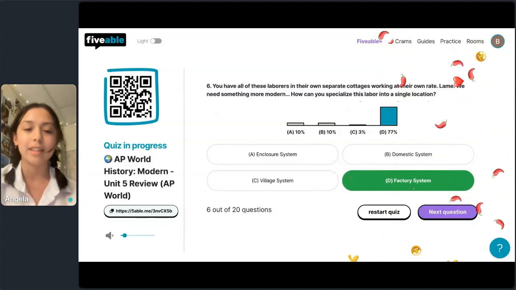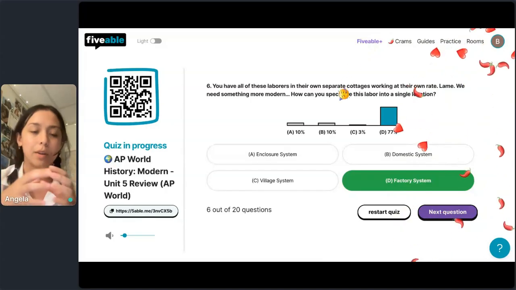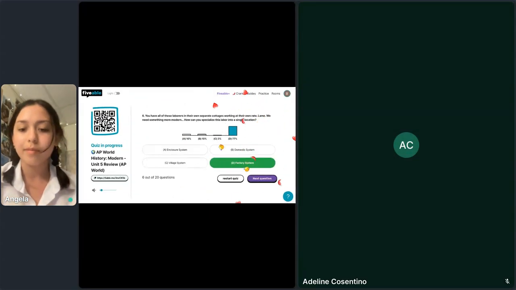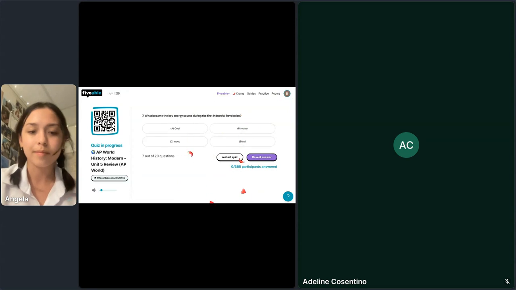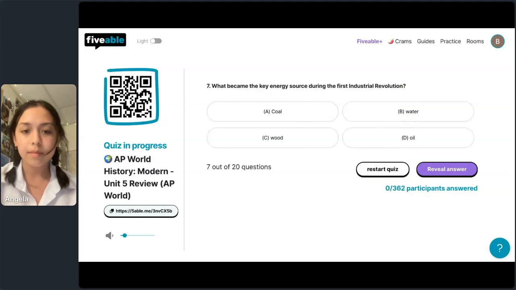Yeah, so that's looking at shifting from the dispersed, specialized labor into cities, and a lot of people were really working in factories at the time. Okay, so we're thinking energy sources for this one.